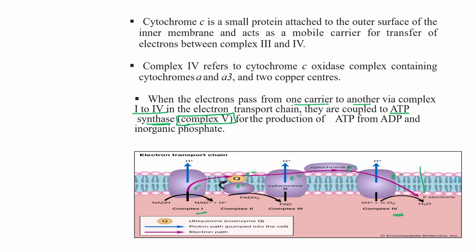Here there is a fifth molecule which is known as the F0F1 particle, which is known as complex 5. And here the ATP synthase enzyme is present. Here ADP plus inorganic phosphate is present, and in the presence of this ATP synthase, it is mainly responsible for the production of ATP. How does this happen? Let's see.